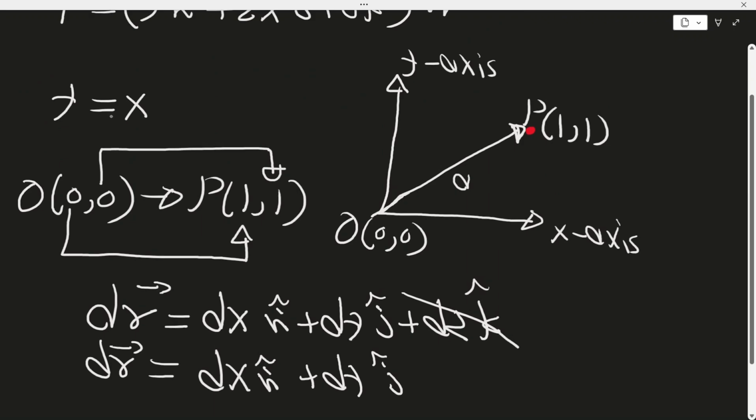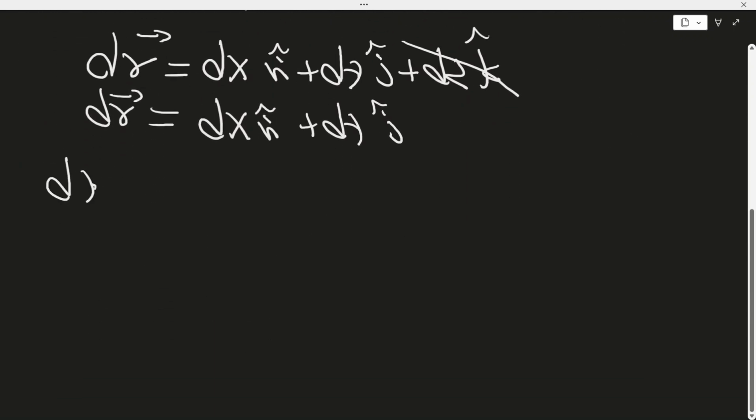But remember, y is equal to x. So if we differentiate both sides, we have dy is equal to dx. Either way, we can substitute dy as dx or dx as dy. I'm going to substitute dy with dx.